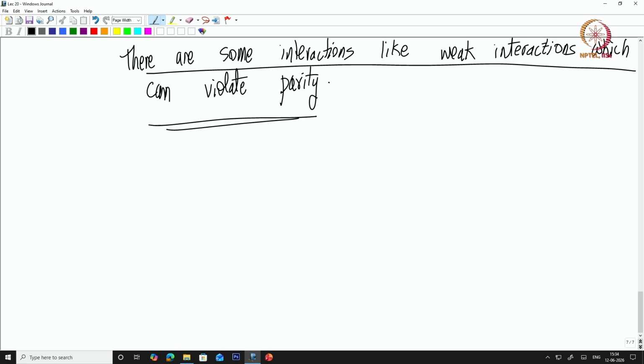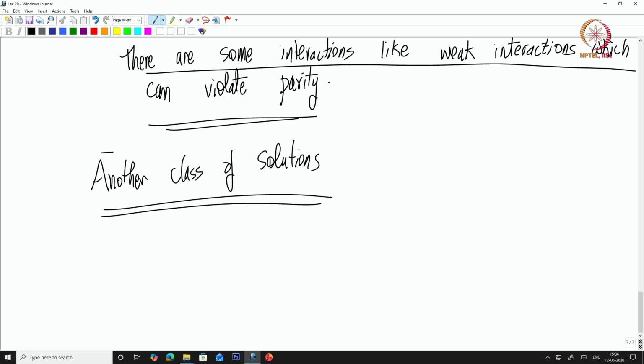Another class of solutions comes from the C vector. So, for that we need to introduce the C discrete symmetry. Okay. What is the C essentially? C is charge conjugation symmetry.